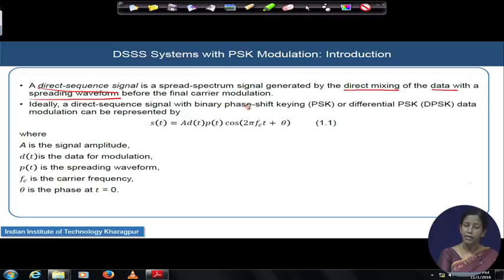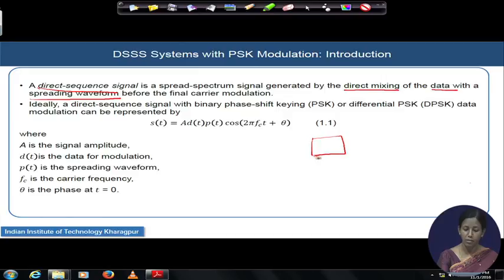Before the final carrier modulation, we utilize this direct mixing of the data with the spreading waveform. As I have already discussed, in the baseband processing of the transmitter, we have three different stages of modulation.